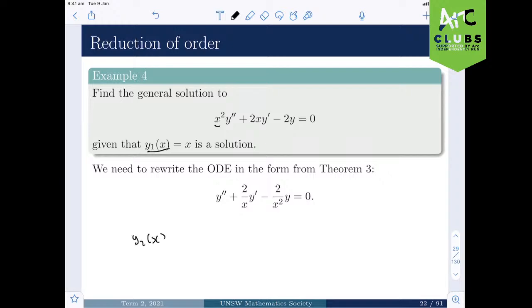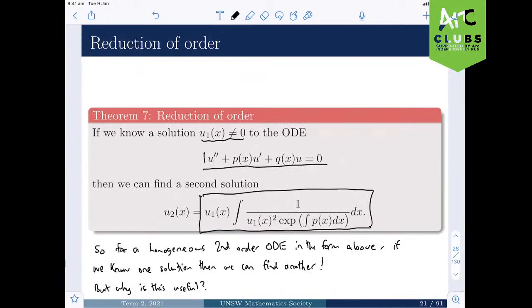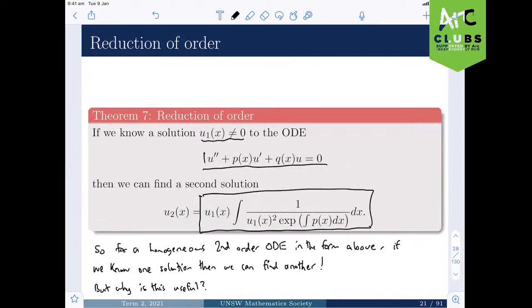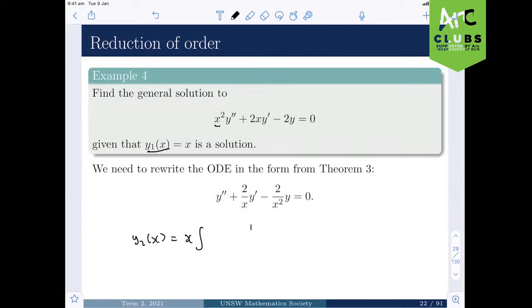So for y2(x), a second solution would be, using the formula, the first solution times the integral of 1 over the first solution squared, times the exponential of the integral of the second coefficient. So in this case, 1 over x squared, exponential of the integral of this.